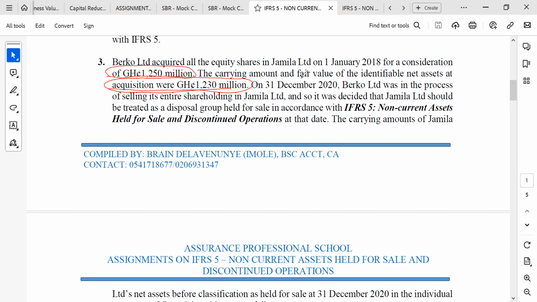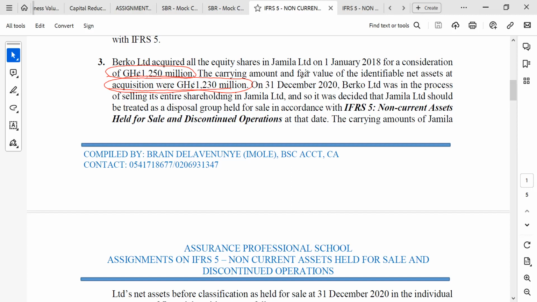They are paying for something that Jamila doesn't value, or they are paying for the skills of the employees that Jamila has, or for the strategic location that Jamila has, which IAS 38 prohibits the recognition of. Internally generated what? Goodwill. The skills that the employees have, we can't differentiate the amount that we are paying for the skills and the normal work that they are doing for us.